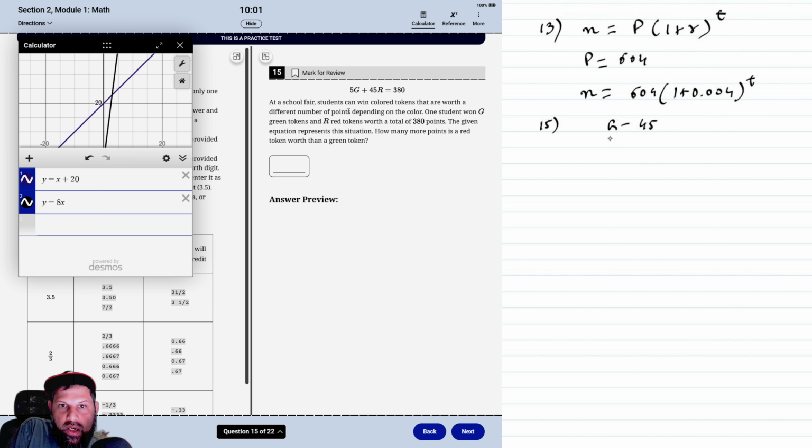Each G is worth 5, and each red is worth 45. And so R minus G is going to be 45 minus 5, which is going to be equal to 40. Okay, answer is going to be 40.